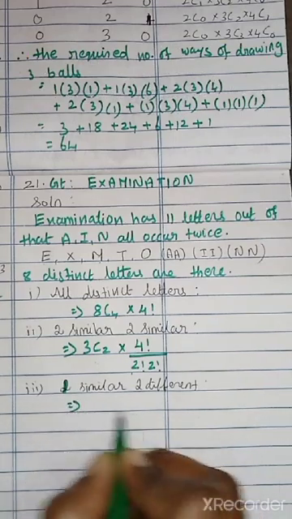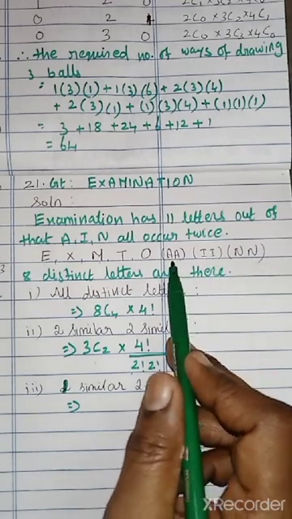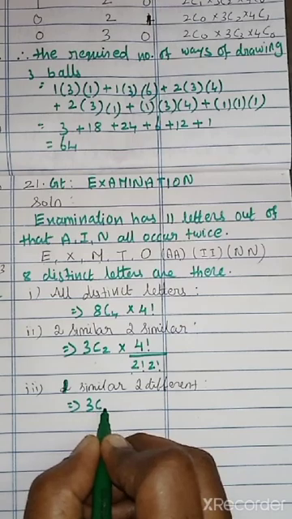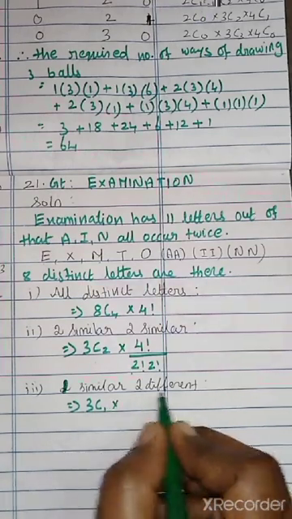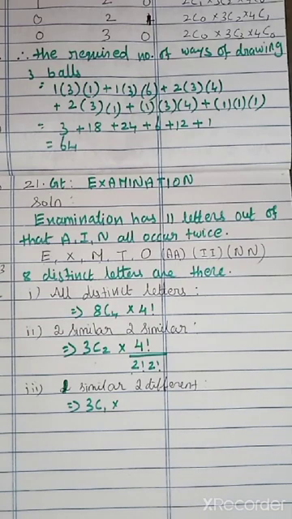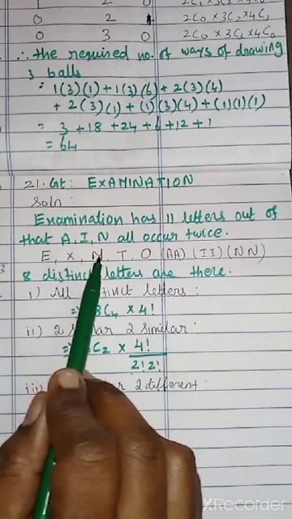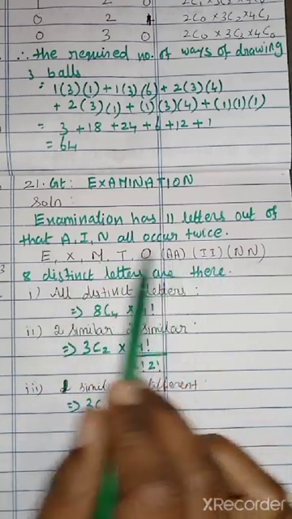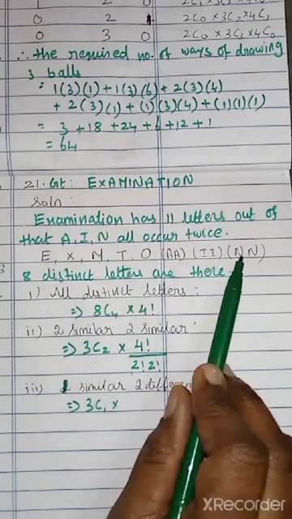How can I write this? 1 similar: how many sets are there? 3 sets are there. Out of 3, I am choosing 1. So 3C1, into 2 different letters. How many different letters? 1, 2, 3, 4, 5, 6, 7, because AA is already taken.